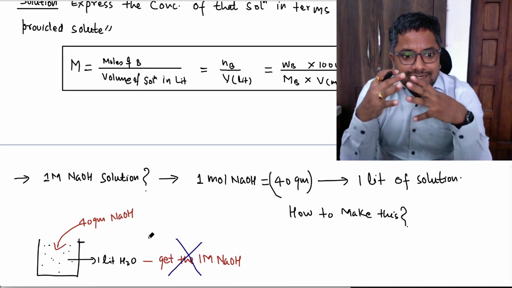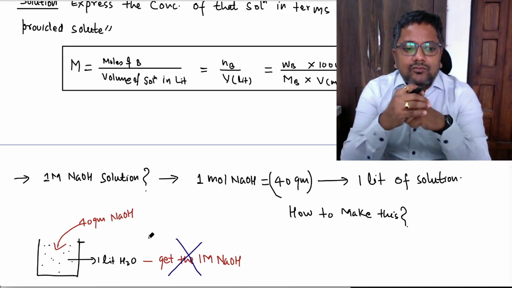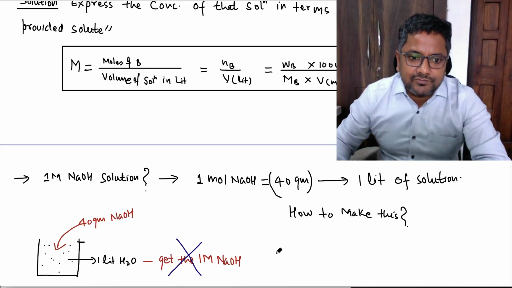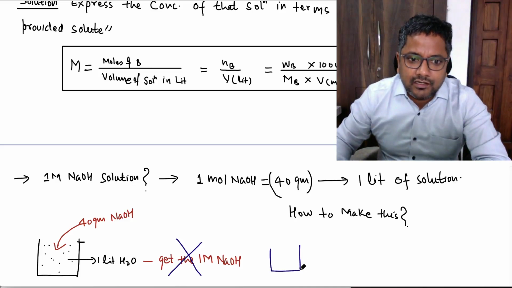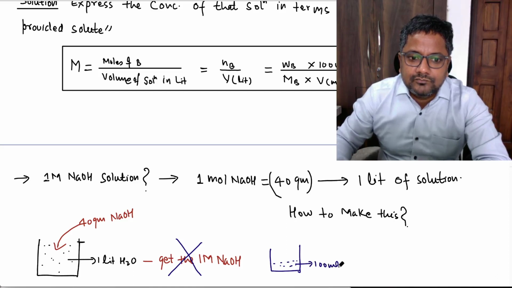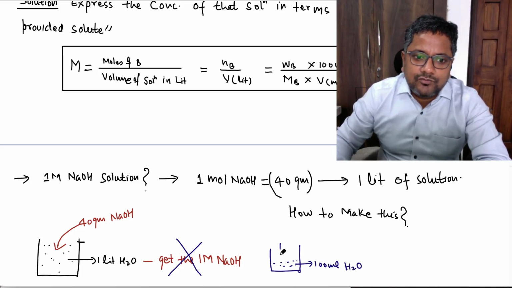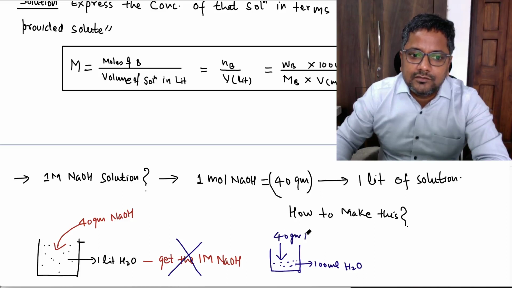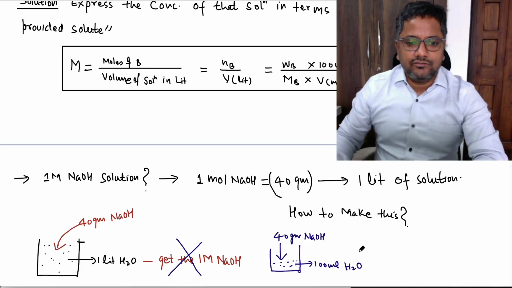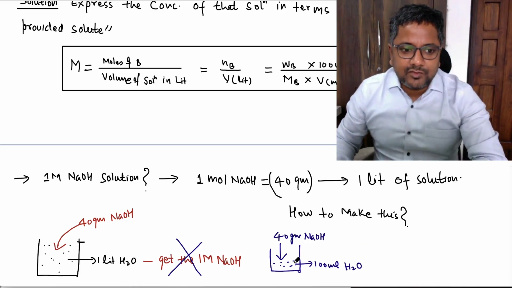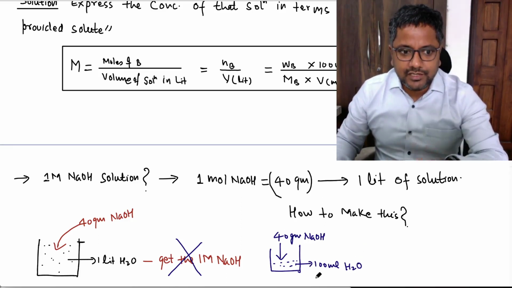So what is the correct method to prepare 1 molar solution? The correct method is, first you have to take, let's say, 100 ml water. Take 100 ml water, put 40 gram of NaOH here, and then mix it properly, stir it.